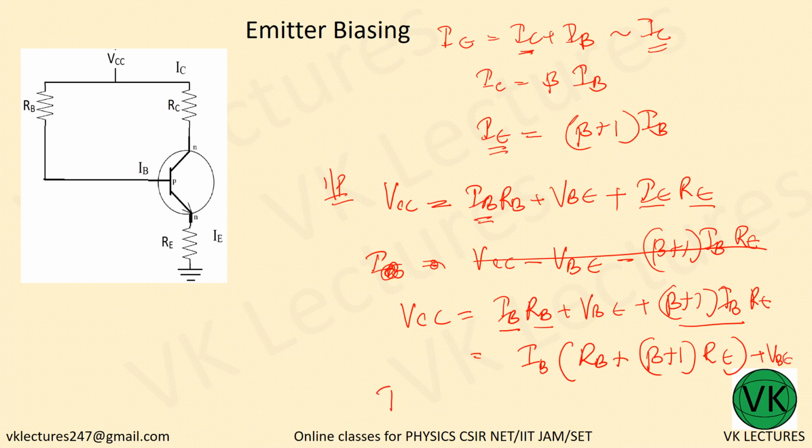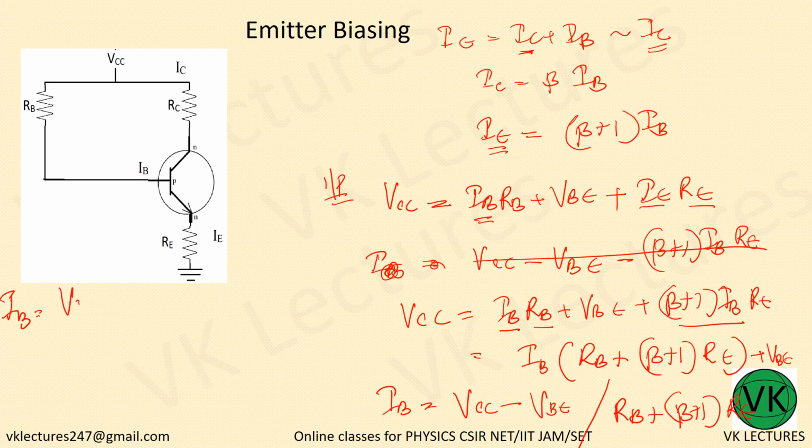So what is IB? IB is equal to VCC minus VBE divided by RB plus beta plus 1 into RE. So this is your IB. So once again we will write here IB is equal to VCC minus VBE divided by RB plus beta plus 1 into RE.